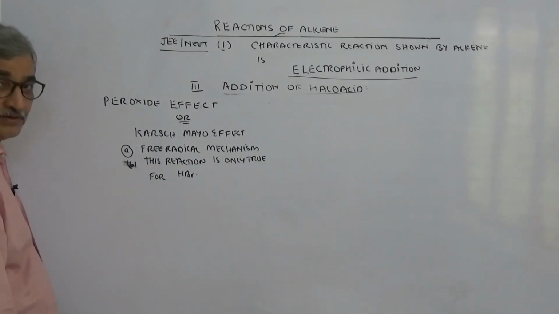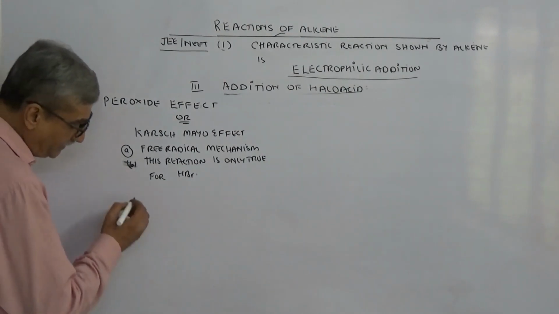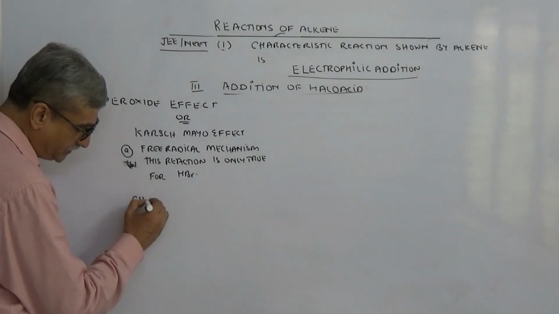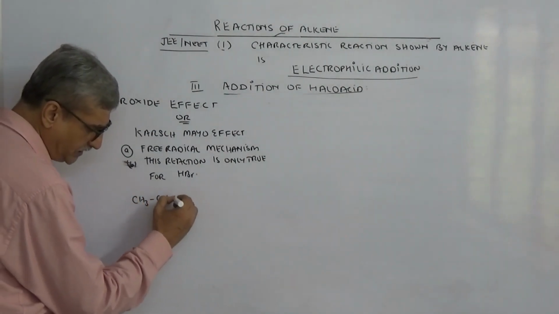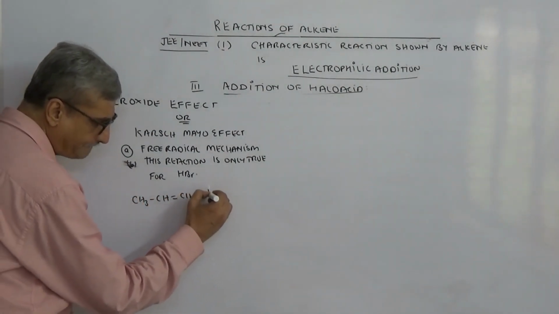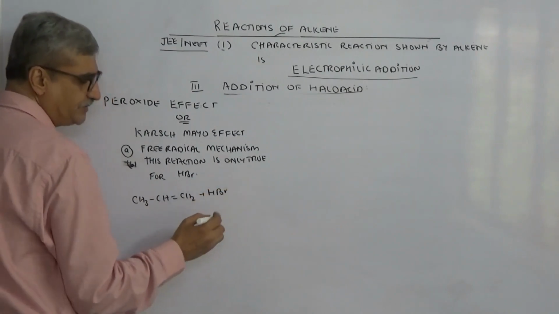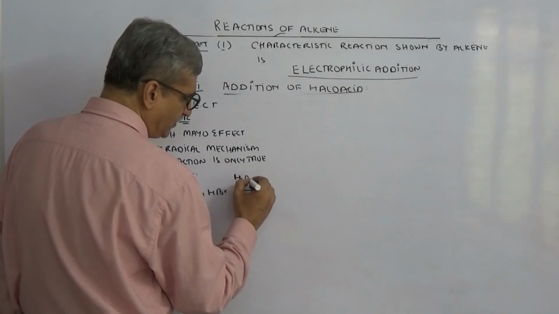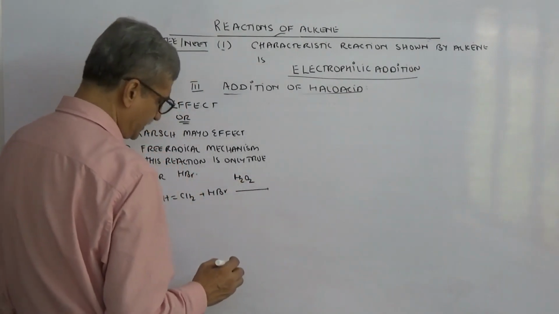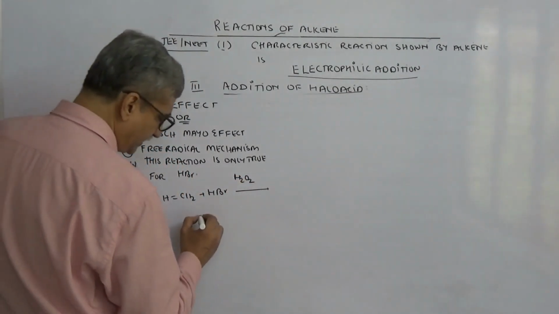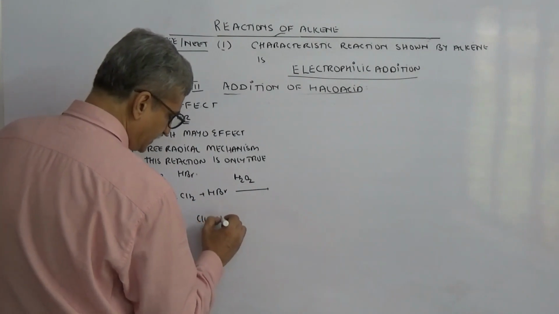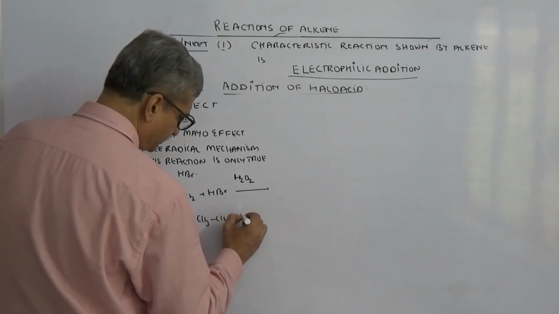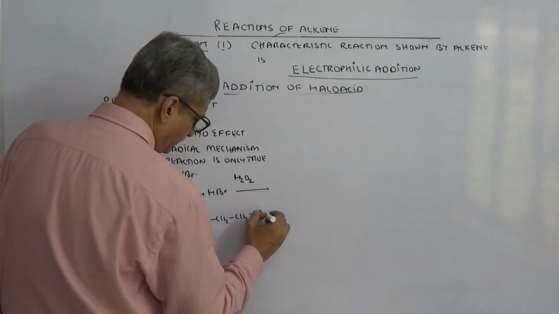So what is happening over here is, you have propene CH3CH=CH2 plus HBr in the presence of, let us say, benzoyl peroxide or hydrogen peroxide. And you get CH3CH2CH2Br.